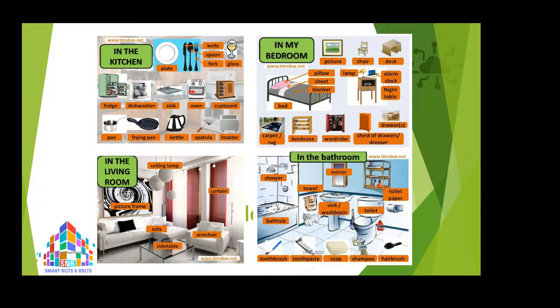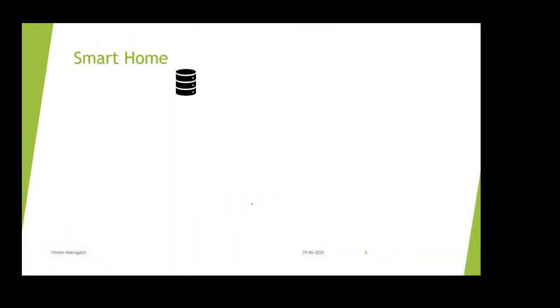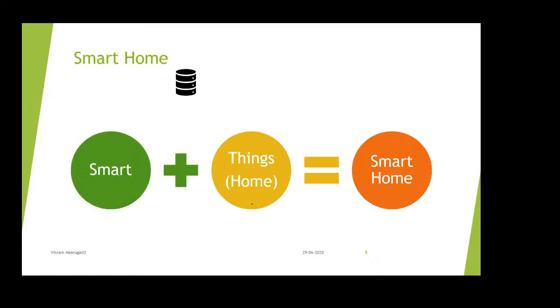So how can we make a smart home with these things? From each and every thing we try to extract the data. Smart means putting a capability into a device so that a thing can take input, process, and send the output.